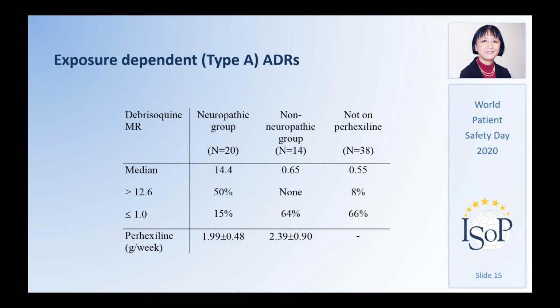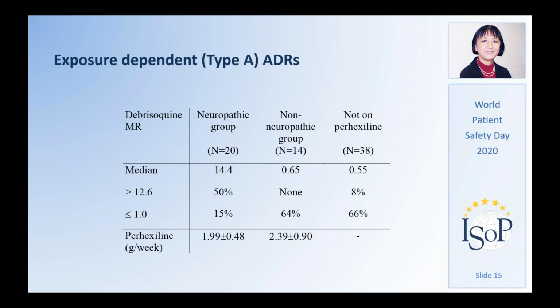There are good, well-designed studies to illustrate clinical implications. This study was done in the UK with a drug called perhexiline. It's an anti-angina product, which is not on the market anymore because of the neuropathic adverse drug reactions.